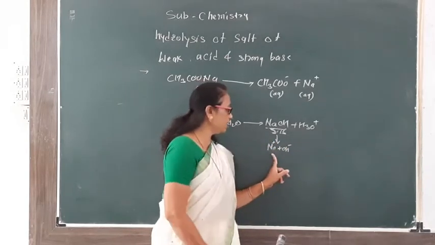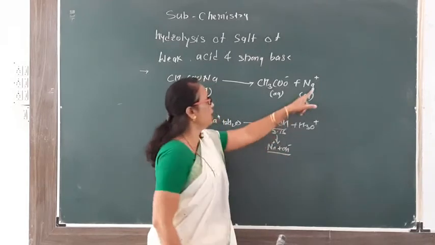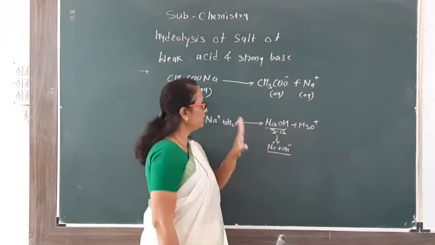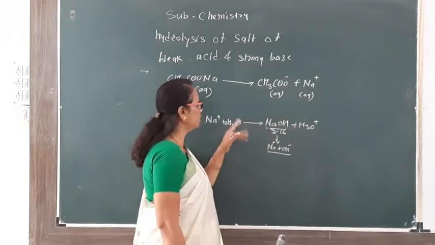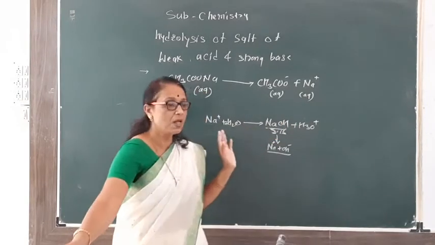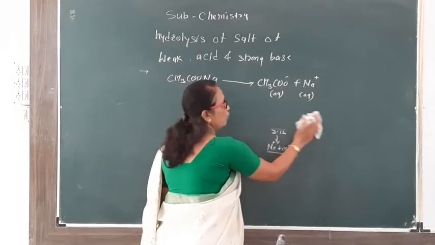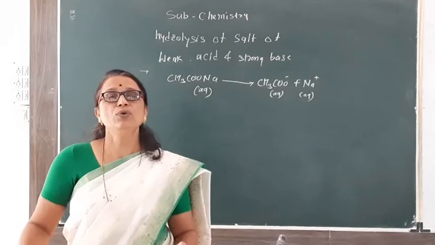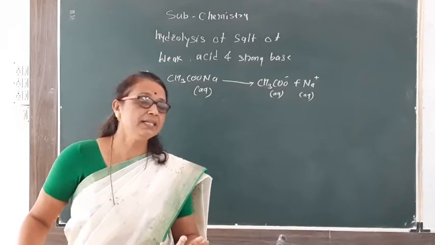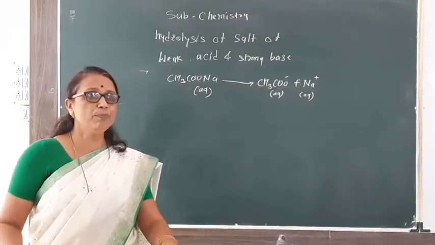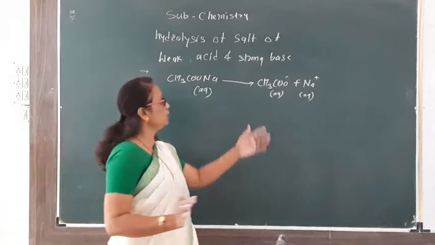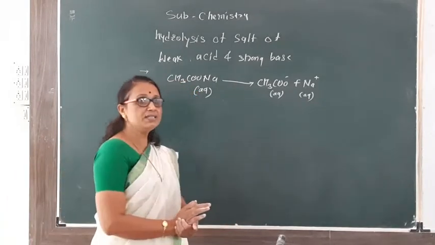So again in the solution there are Na plus ions, and hence the Na plus ion does not combine with water. If Na plus ions combined with water, NaOH would form, which dissociates completely into Na plus and OH minus ions, and the CH3COO minus ions combine with water.